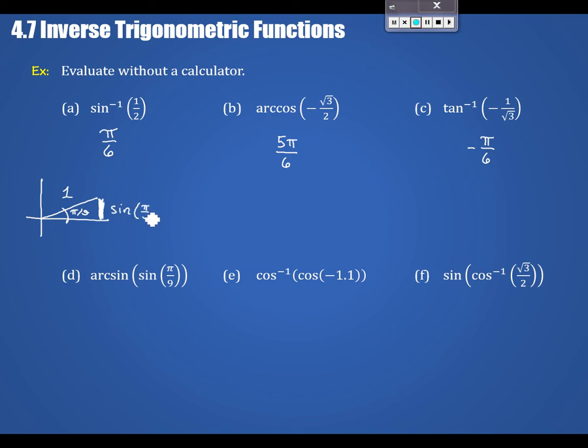I have pi over 9, right? This distance right here. So what is the angle that has a sine of pi over 9? Don't overthink this either. It's pi over 9.